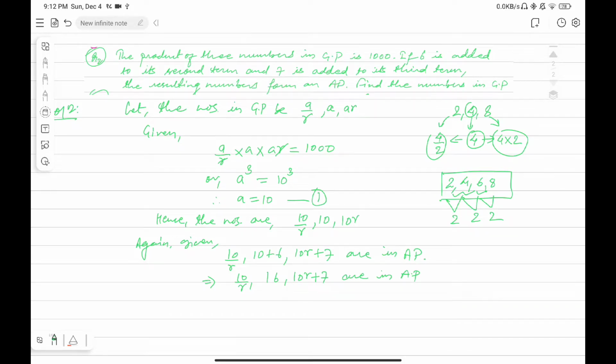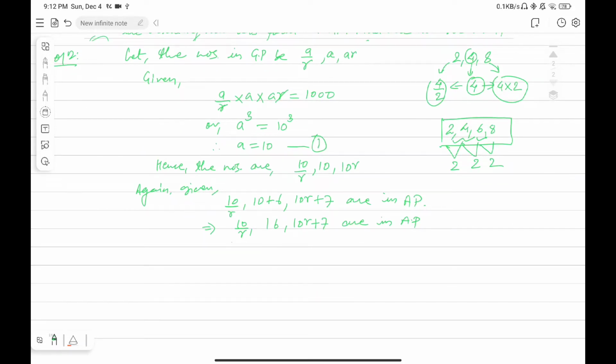So what this suggests is that if these three numbers are in AP, the difference between the first two numbers and the difference between the last two numbers must be equal. That is what arithmetic progression is. So now we can write, as they are in AP, 16 minus 10 by R must be equal to 10R plus 7 minus 16.